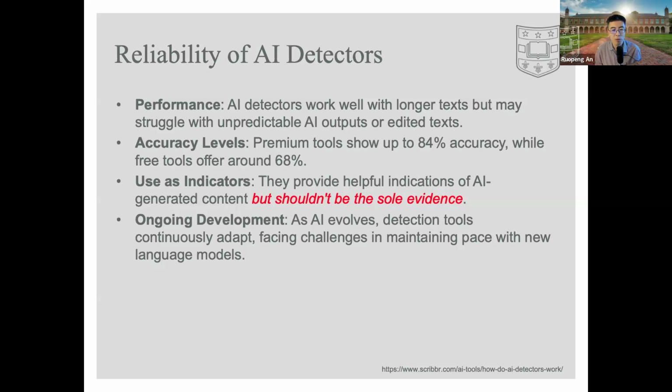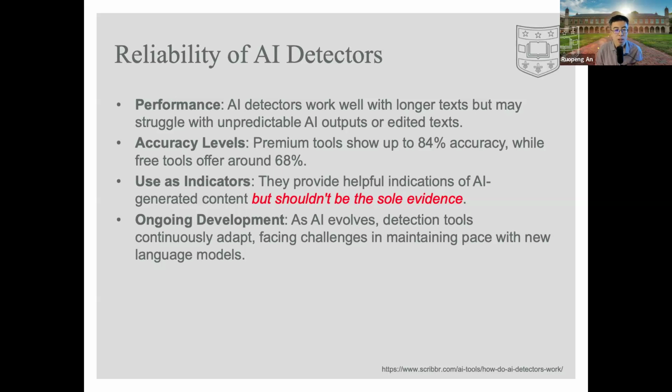And so therefore, we would say the AI detectors may provide some helpful indications of AI-generated content, but shouldn't be the sole evidence, because they are going to make both type 1 and type 2 errors, both false positives and false negatives.